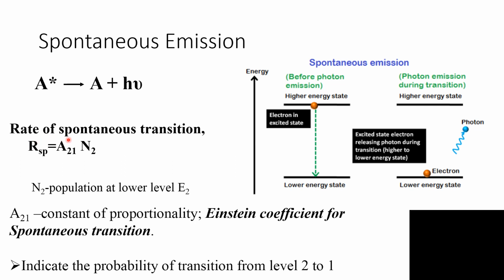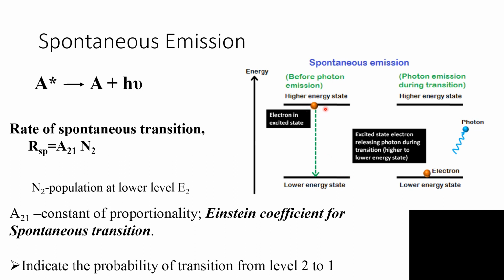We can find the rate of spontaneous emission. If I remove this equal sign and the constant, it is actually a proportional sign. So the rate of spontaneous emission is proportional to N2, the population of the upper energy level. Spontaneous emission depends only on the population of that level. It doesn't depend on the population of the ground level.